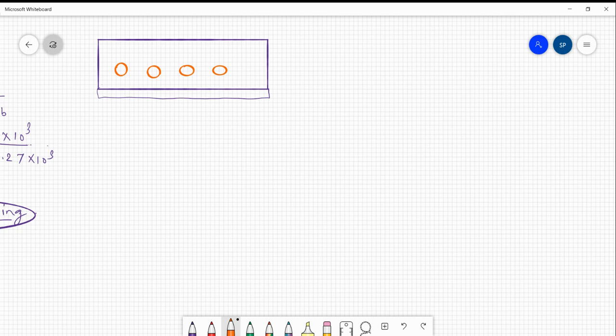Let's say these are the 4 bolts used for connection, and it is connected to the gusset plate. So this is the direction of force. The ultimate load is acting here.